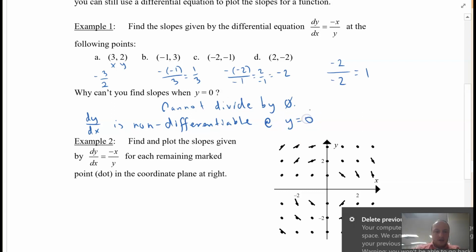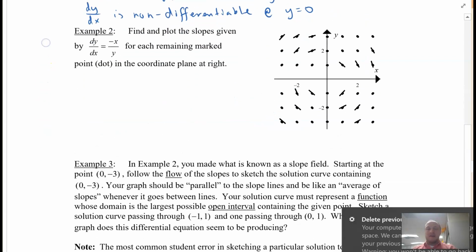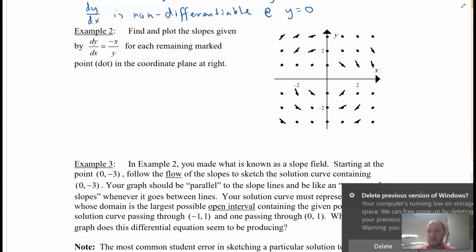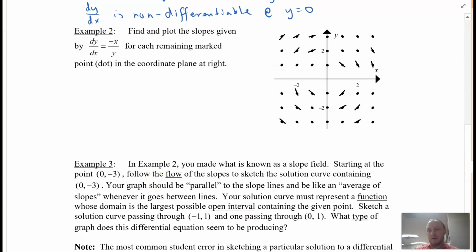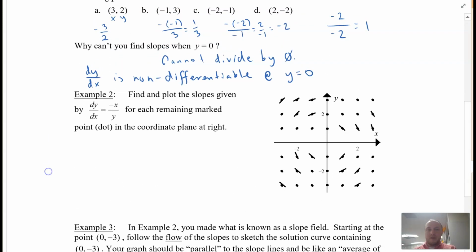Here is a visual example of a slope field, and it looks kind of trippy. But what you should be able to see, once we have our actual slopes, is kind of the image of a function embedded within that. This example says find and plot the slopes given by our differential dy/dx equals negative x over y for each remaining marked point on the coordinate plane at the right.